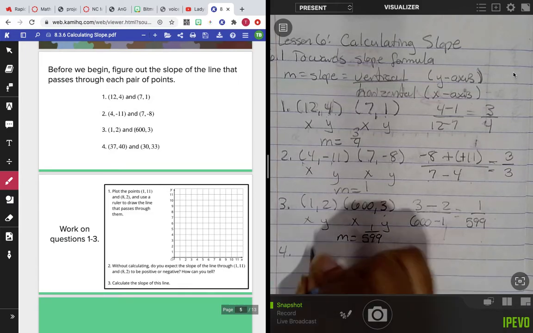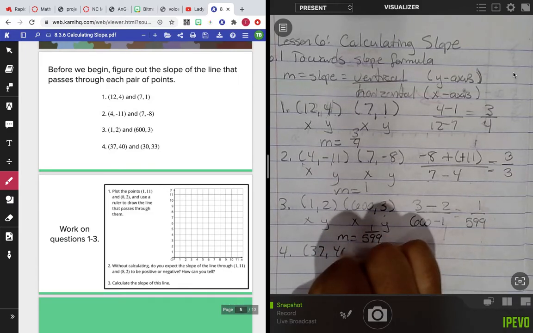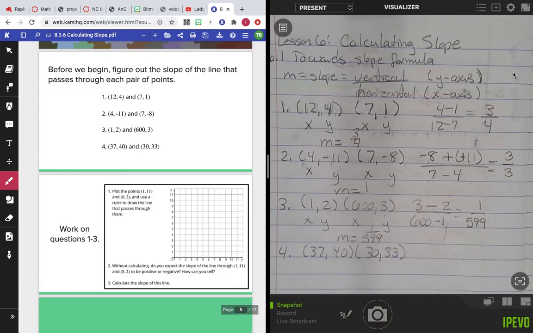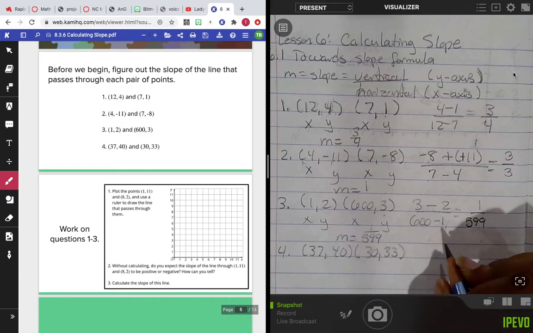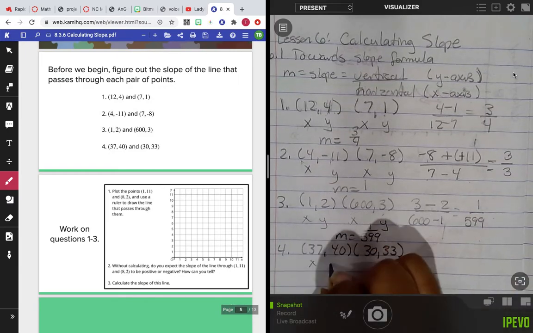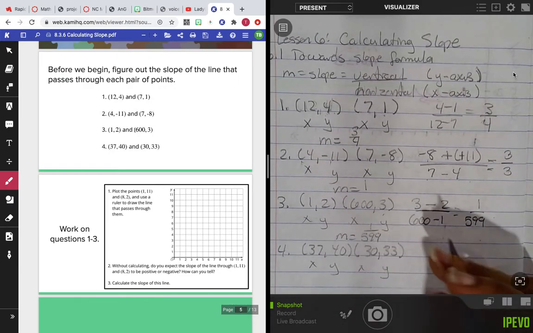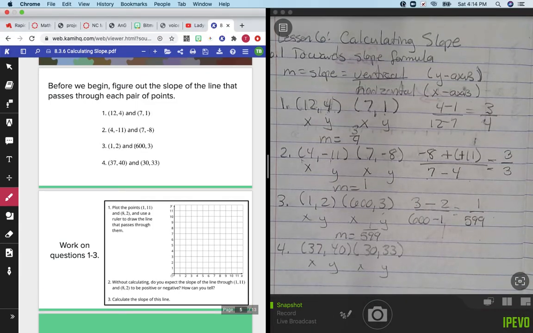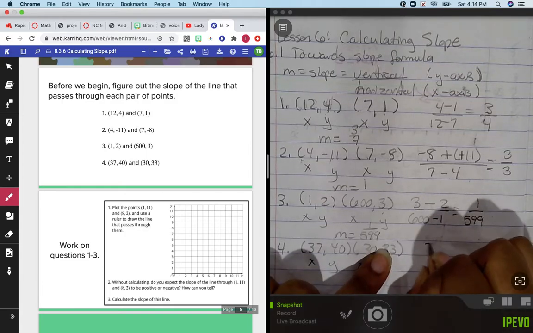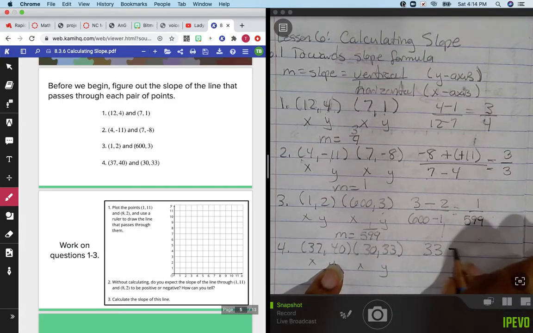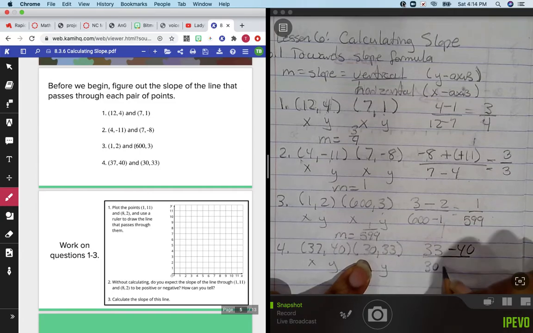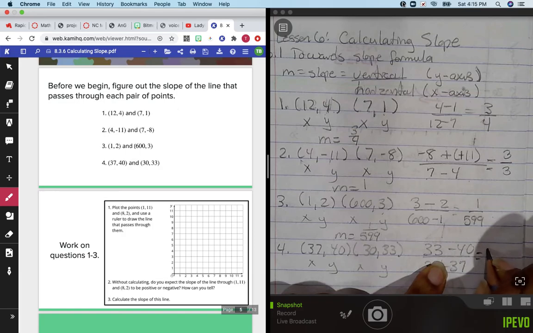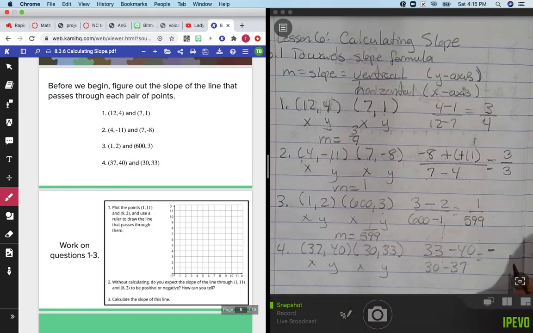And now our last one, I have 37, 40, and 30, 33. So if I subtract, again, keeping in mind which is first and which is last, I'm going to do 33 first, minus 40, and 30 minus 37. 33 minus 40 gives me a negative number, and that's negative 7.